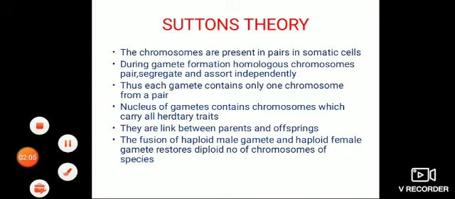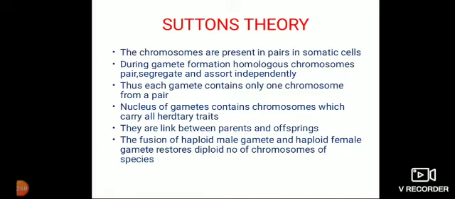you can describe as: chromosomes are always in pairs in the somatic cells. Somatic cell is a body cell. During gamete formation, in the meiosis, homologous chromosomes pair and segregate and they separate independently.